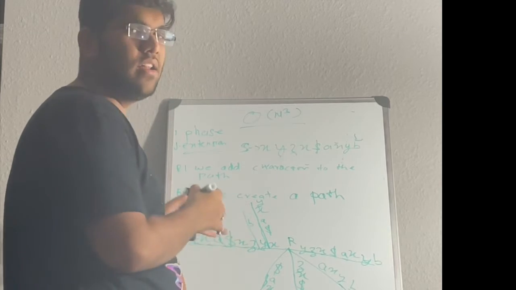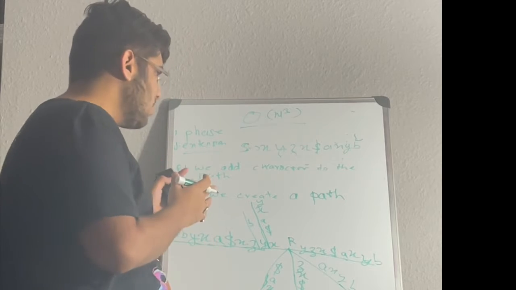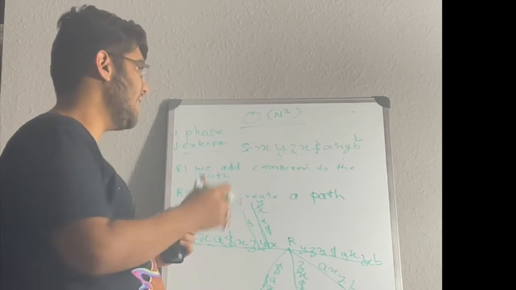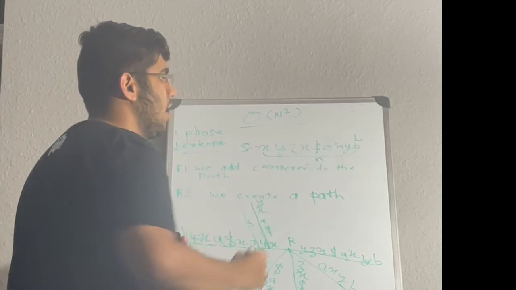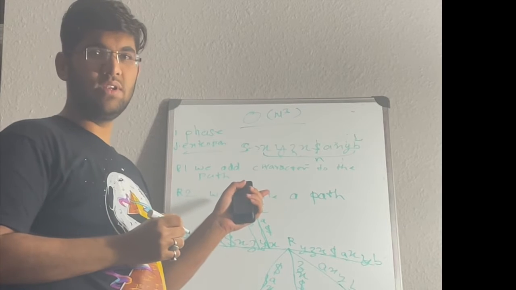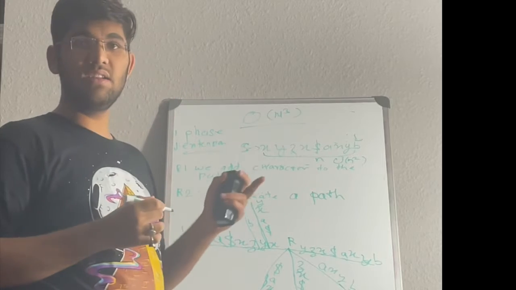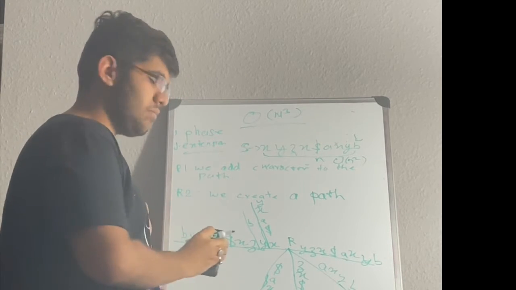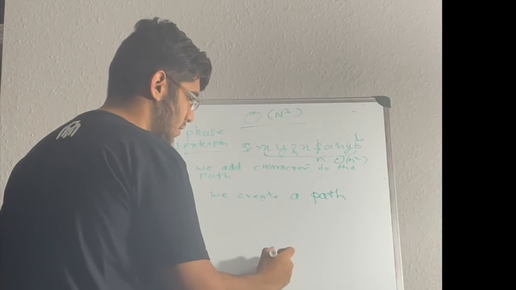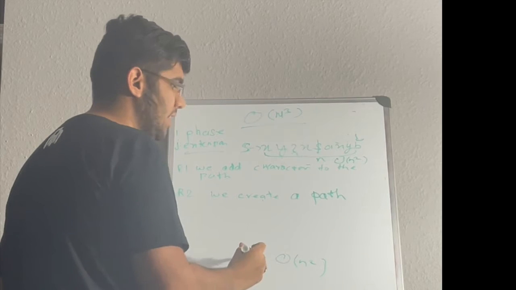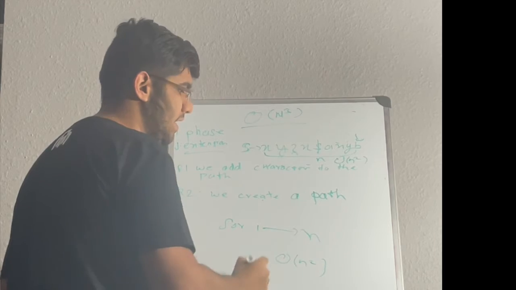So basically I did it a little faster because I'll go slowly in the main algorithm. This was just to give you an idea that if the length of this is n, our i and j will have a time complexity of big O of n square, and they will run for n times.